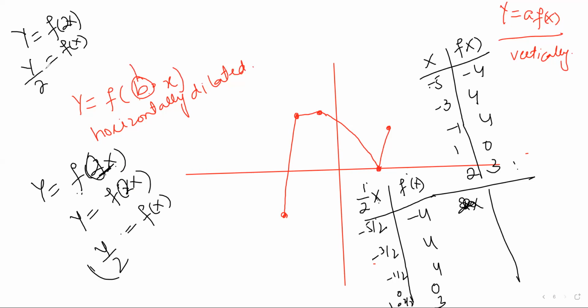What happens is that here we are multiplying the factor 2 inside the function. But if we divide x by 2, we will get the same result as f of x.